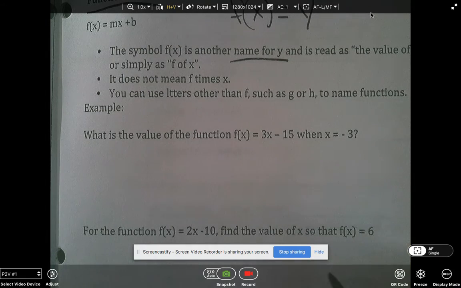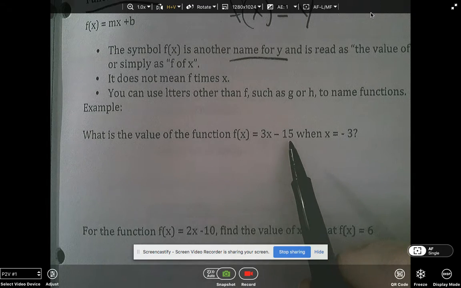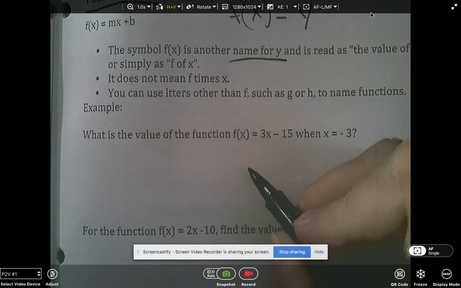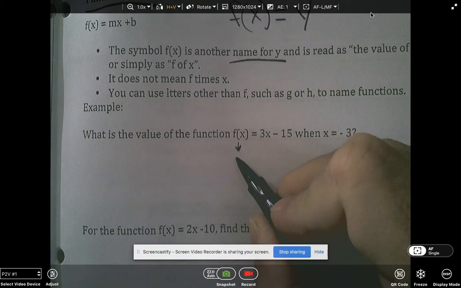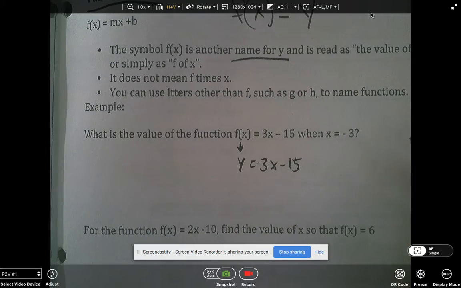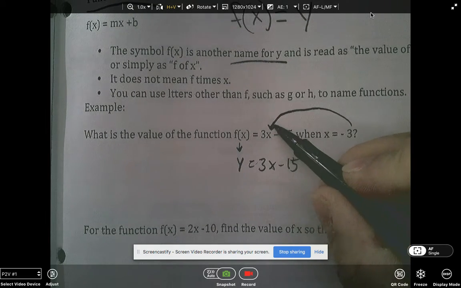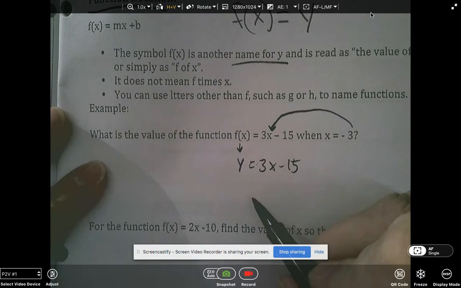What is the value of the function f of x equals 3x minus 15 when x is negative 3? Really, you're not doing anything. If you want, you could write y equals 3x minus 15. What they want you to do here is just plug in x. So what would you do to get the answer here?